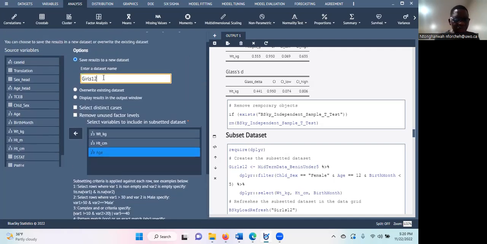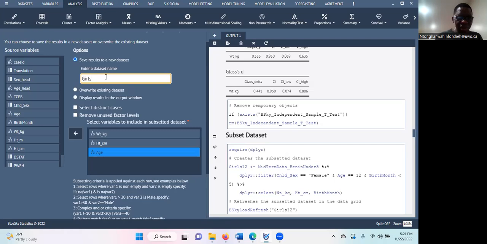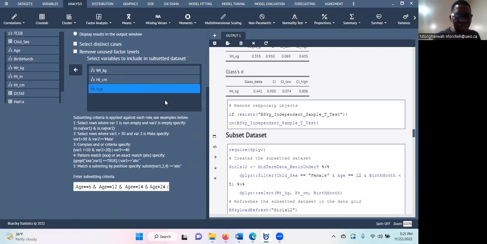And I'll call that guess. You can name anything you want. So that's what I'm going to use. So I'm generating that subset of data.